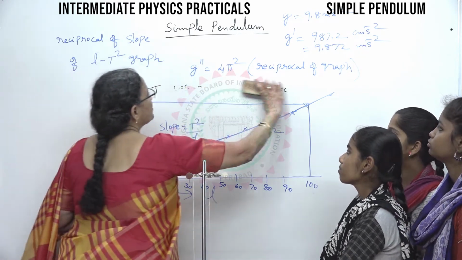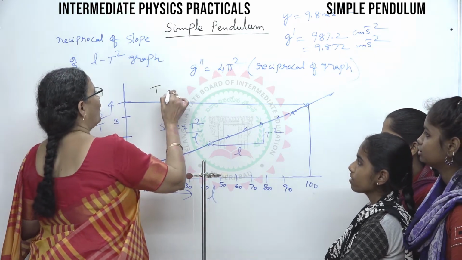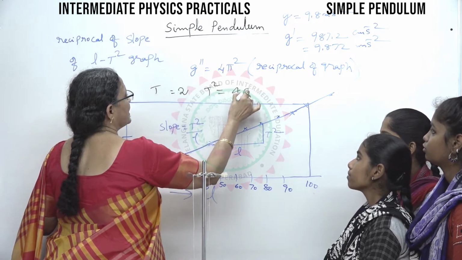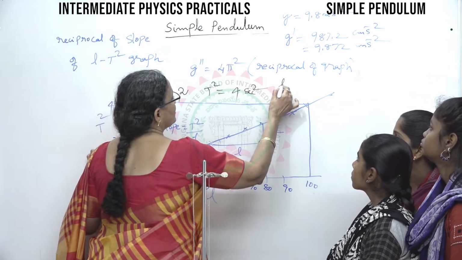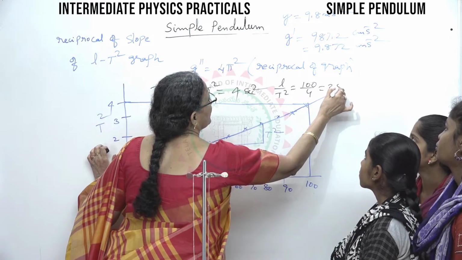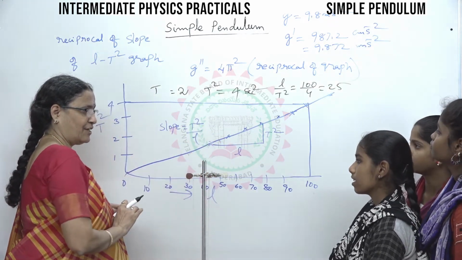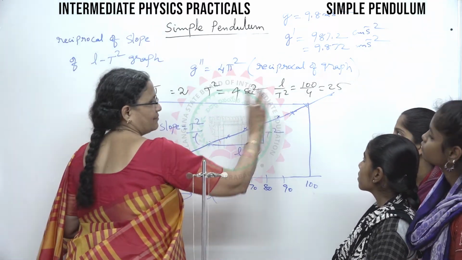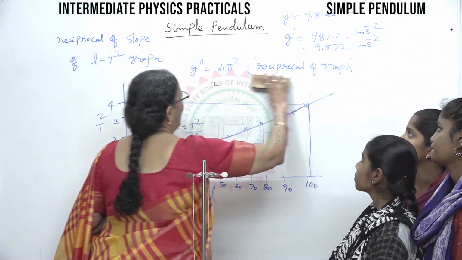And then what is T square? 2 square. 4. Okay, T is equal to 2. T square is 4 seconds square. Then what is L by T square? Roughly I am saying 100 by 4. 25. Yes. Near to, I said it should be between 23 and 25. So like that. So for 100, exact 4. Roughly I have drawn. You must draw this graph with your actual values.